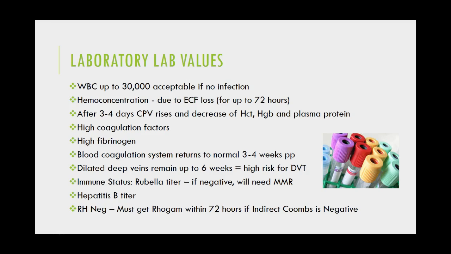Laboratory values. White blood cells tend to be up, and anything up to 30,000 is acceptable if there's no infection. The way that we know that there is an infection usually is if mom is running a fever, or she's got other signs and symptoms of infection, such as her wound looks infected, or maybe she had an infection during labor or before labor.